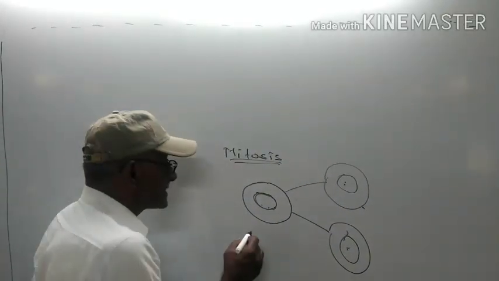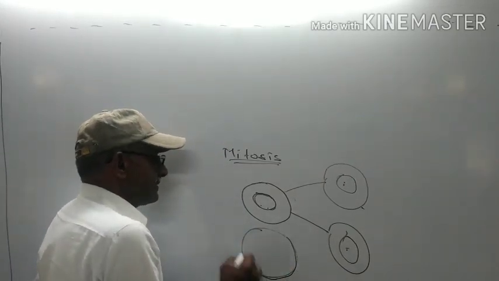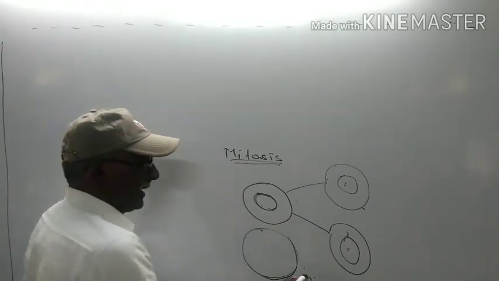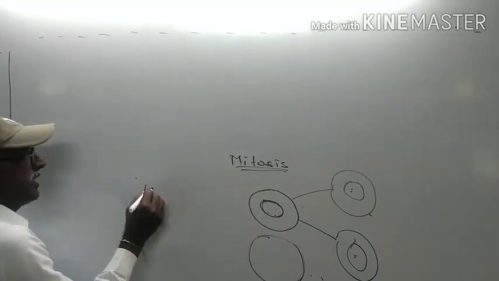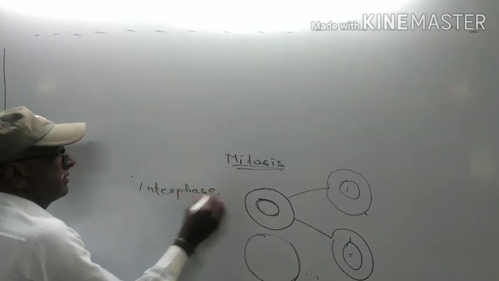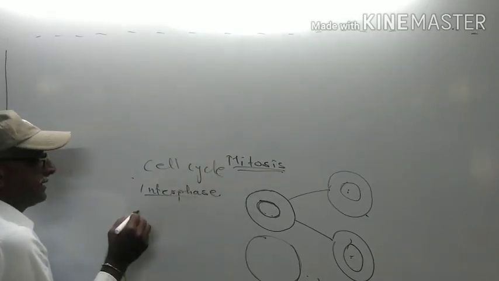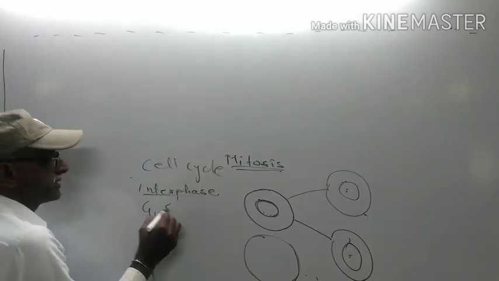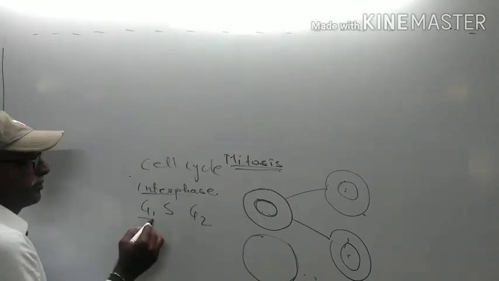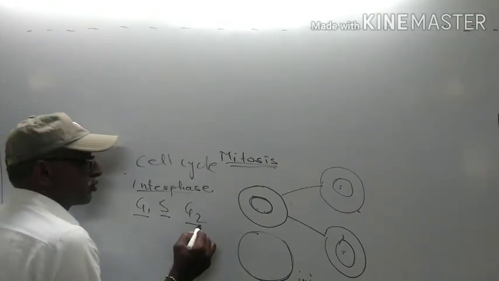In the cell cycle, there is an interphase and one division phase. In interphase we have seen that there is the G1 phase, S phase and G2 phase. Growth phase number 1, the synthesis phase, and growth phase number 2.